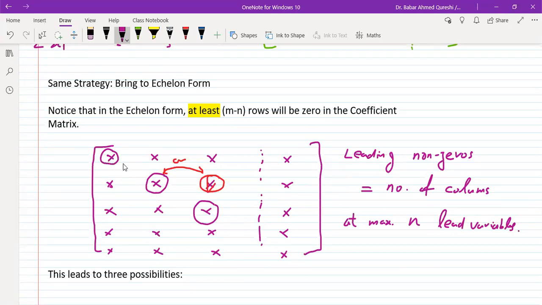So like over here, if this is lead, this is lead, this is lead, then necessarily these guys will be 0. So in an overdetermined system, at least m minus n rows will be 0 in the coefficient matrix.